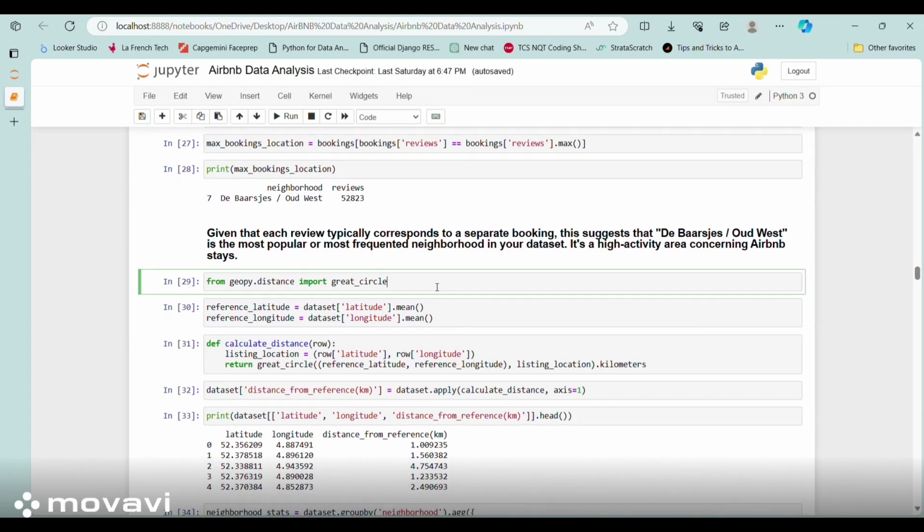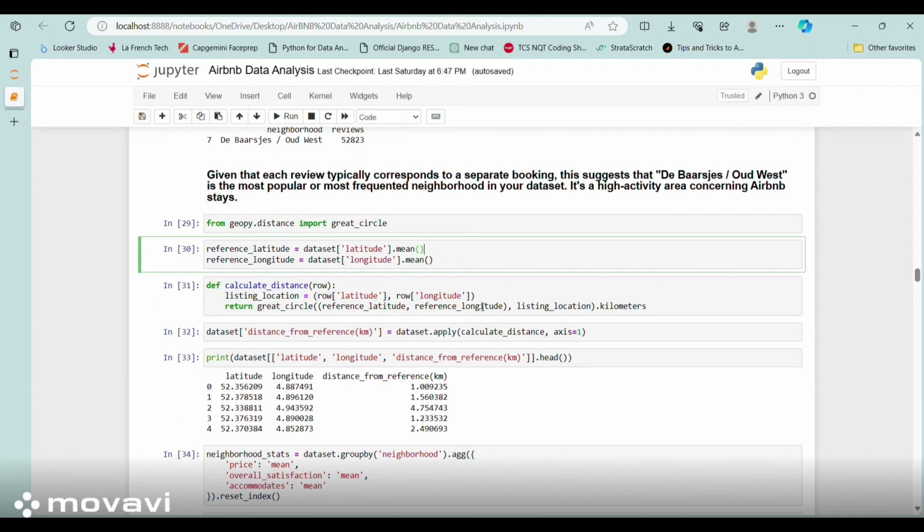Then we imported the great circle function from the geopy.distance module, which will be helpful for calculating distances between geographical coordinates. We have established a central reference point using the geographical coordinates of Airbnb listings. We calculated the reference latitude and reference longitude by taking the means of all latitude and longitude values in our dataset.